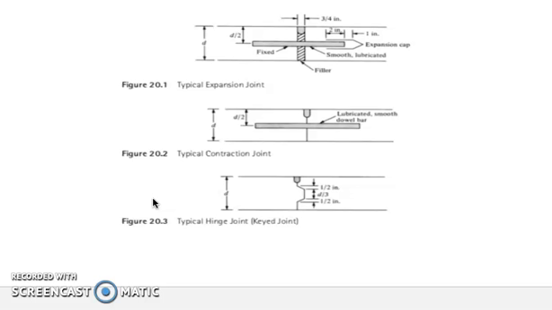They are placed transversely at regular intervals across the width of the pavement to release some of the tensile stress that is induced.